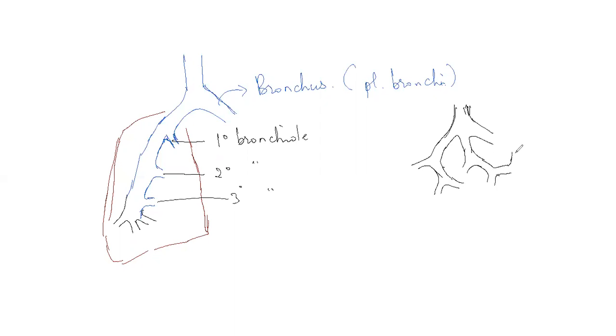These are tiny ducts. These ducts begin to arise, and at the end of these ducts, sac-like structures develop. These sac-like structures are known as the alveoli.